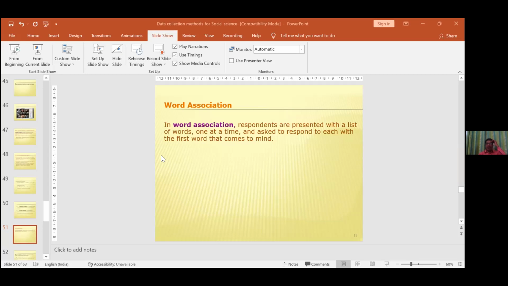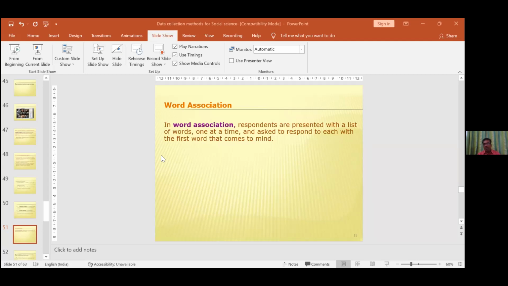For example, just imagine that in your organization, you would like to give a name to your product. You don't know which name is to be given, so you have identified 15 names. You can identify some respondents, give them the 15 names, and ask them to recall any 2 or 3 names.